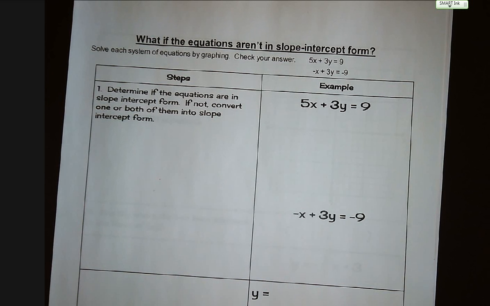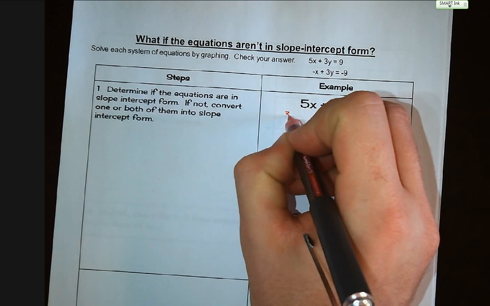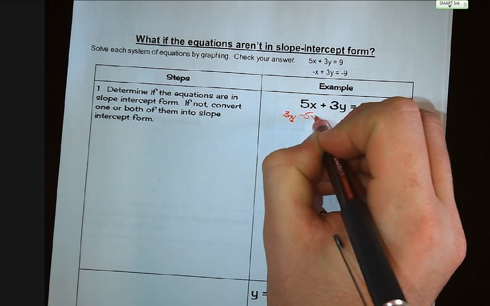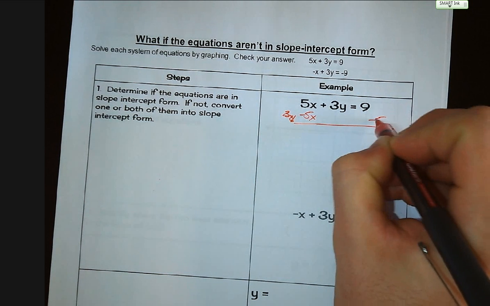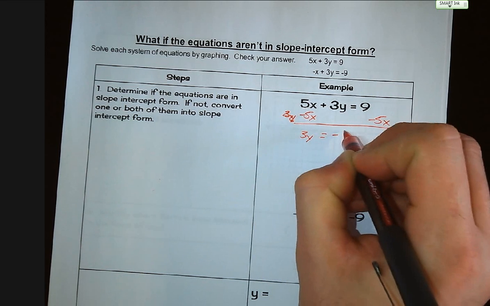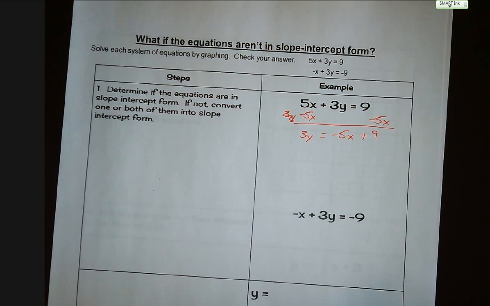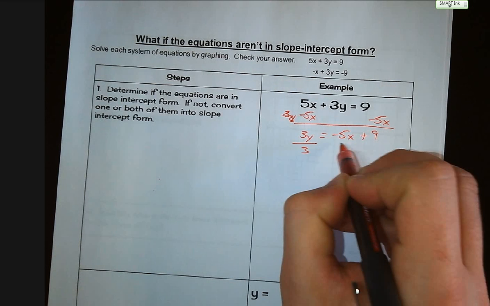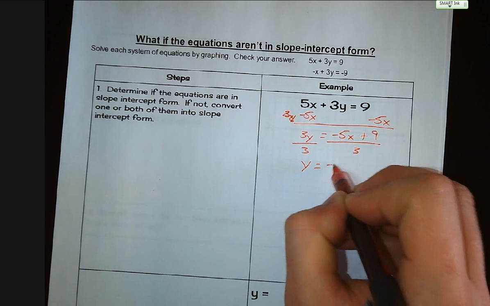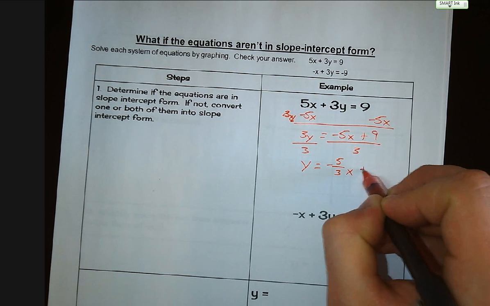So we're going to start off by subtracting 5x from both sides of our equation. Almost jumped a step there. All right, and we've got 3y is equal to negative 5x plus 9. Now we're going to divide both sides of our equation by 3. And our equation is y equals negative 5/3 x plus 3.